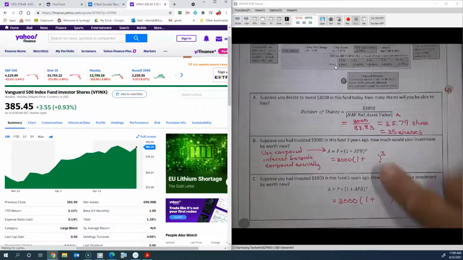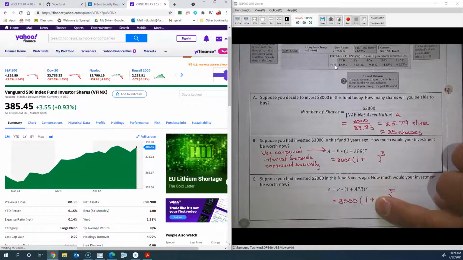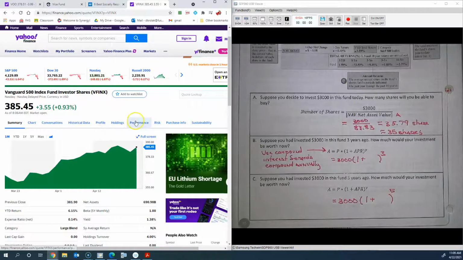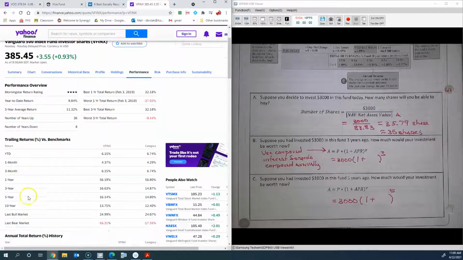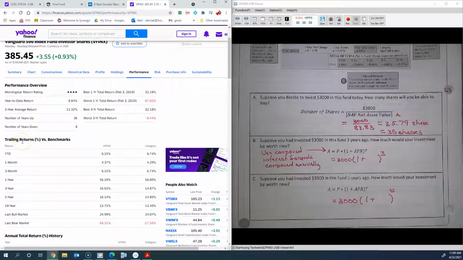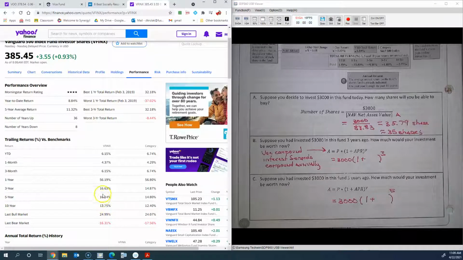Okay, now where you get these is you look under where it says performance, and right here where it says trailing returns, there's your 3-year average, which was 16%, and there's your 5-year average. And you would use that as your percentage.